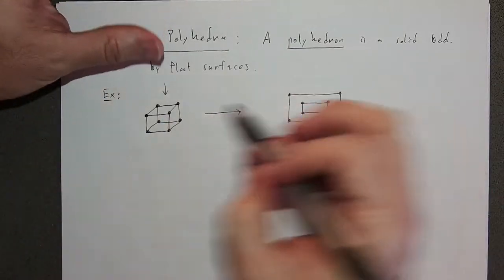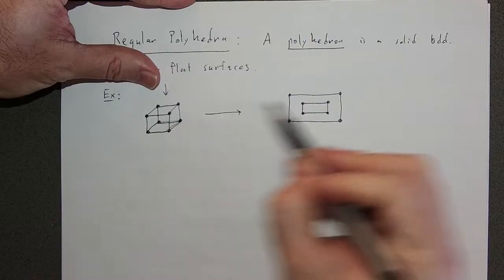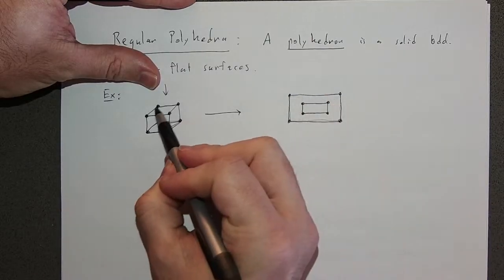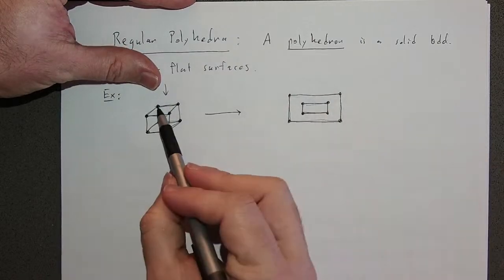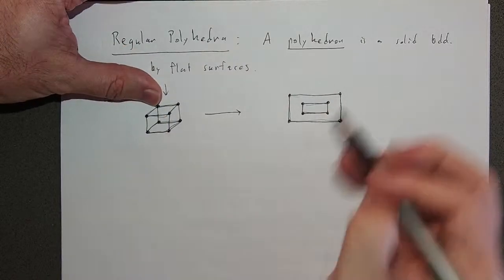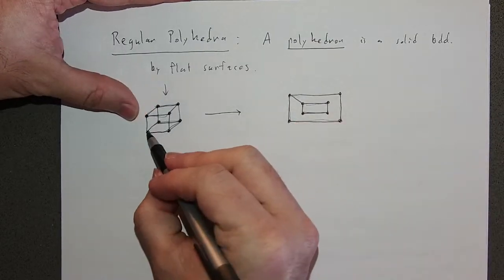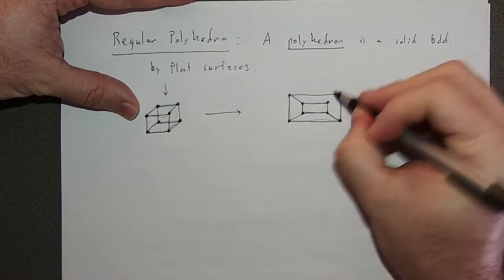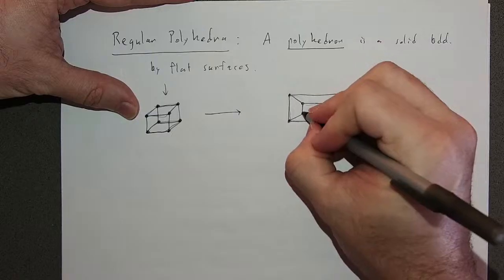So for instance, here's the bottom, that's present here. Here's the top, that's present here. But this top vertex is also connected to this bottom vertex, and this one is connected to this bottom vertex, and similarly for the others. And so this is what I have.